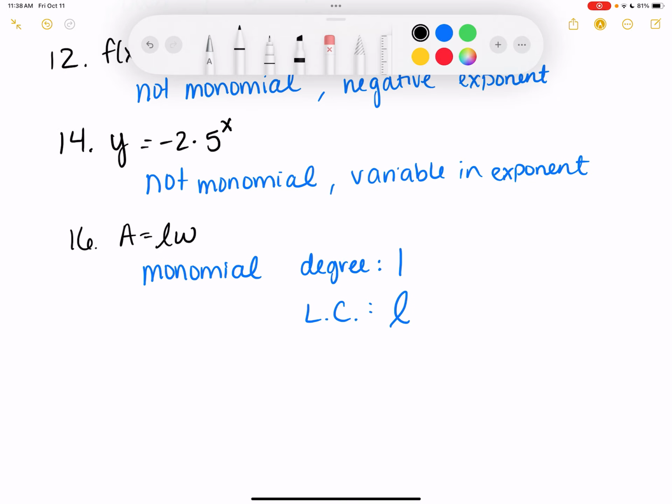Write this statement as a power function equation. Use K for the constant of variation if one is not given. So 18.